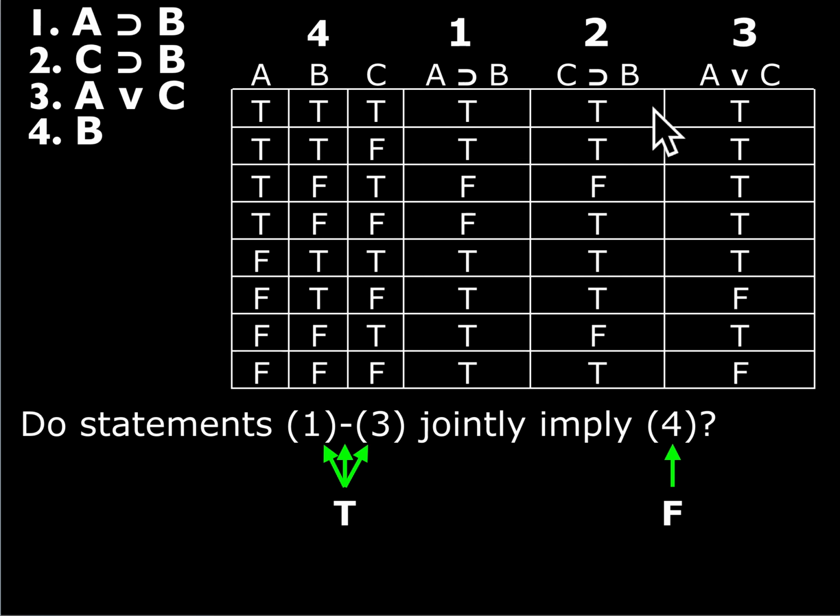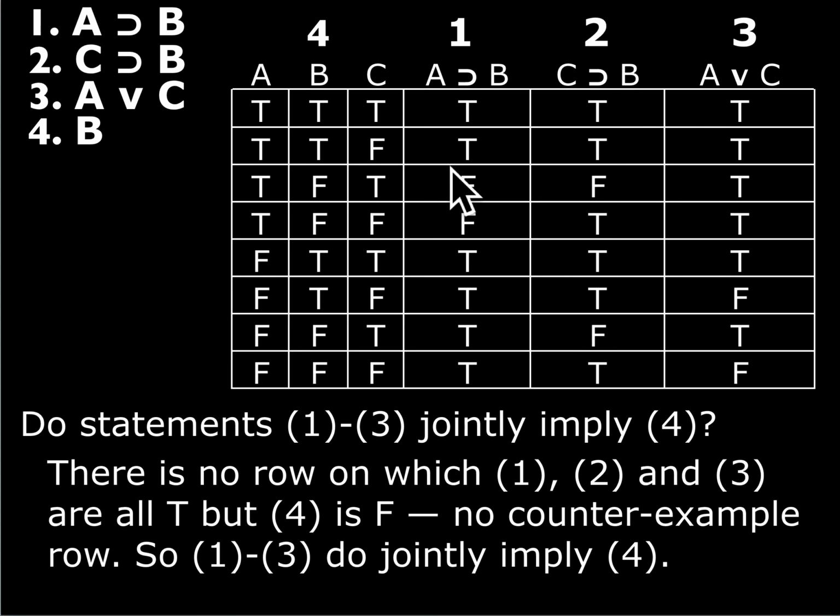So where these are all true but 4 is false. Is there any row like that? Nope. If you look down here, there's no row where these are all true, but that's false. So there's no counterexample row. So that means the implication holds. 1 through 3 do jointly imply 4.